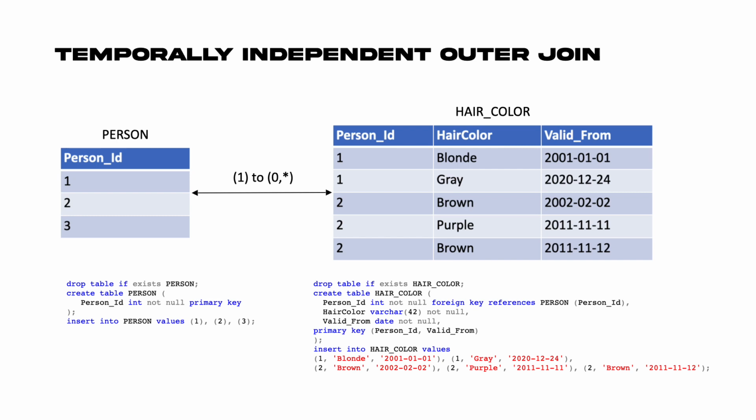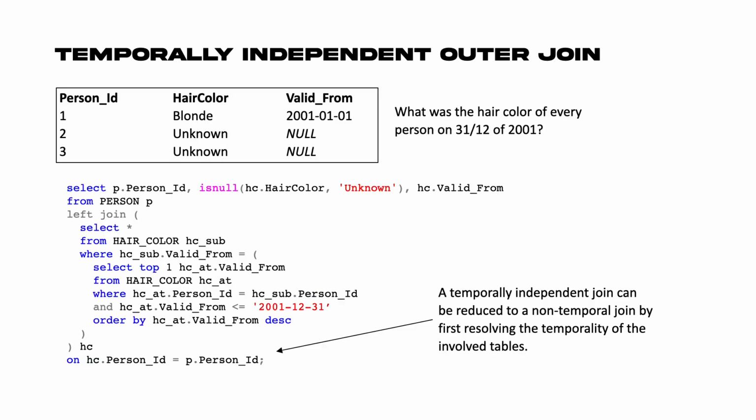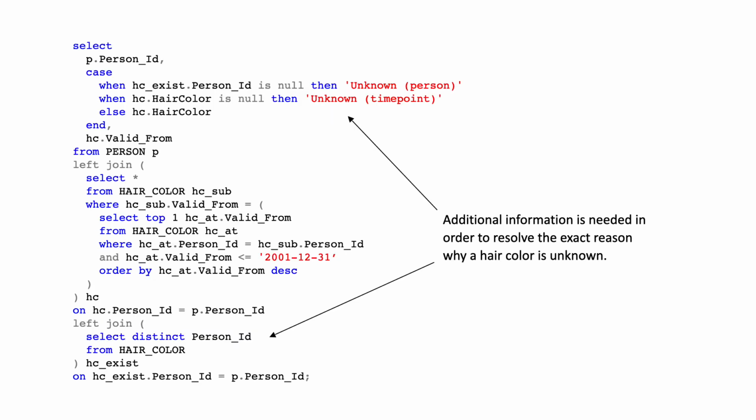It's because the first known hair color I have is from 2002, but there are rows for this person. It's just that I didn't know what the hair color was at that particular time. Whereas the other type of unknown is that I don't even have a row for this person at all in hair color.